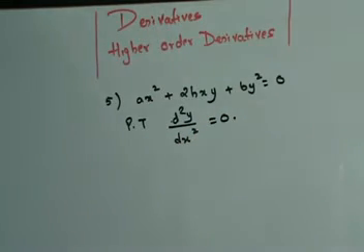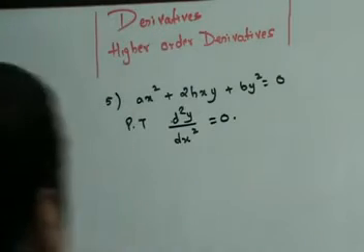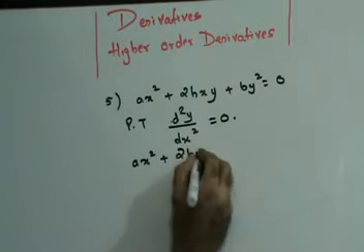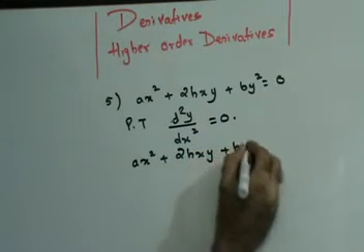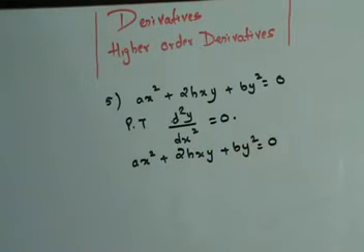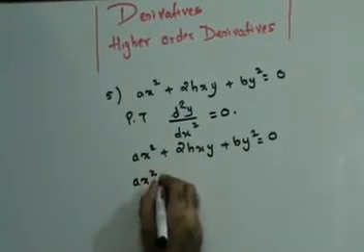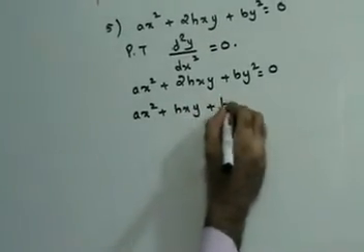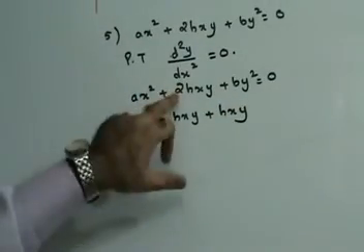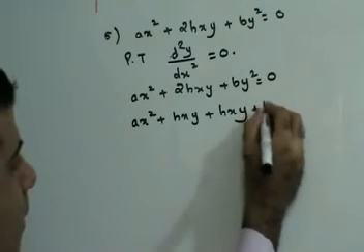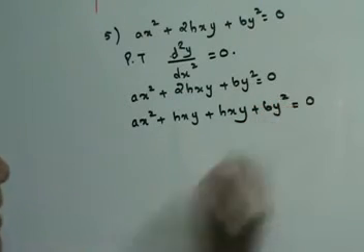Now let's see this very interesting sum. ax square plus 2hxy plus by square is 0. Now here I can split this up as ax square plus hxy plus hxy, 2hxy, I am splitting it as hxy plus hxy, plus by square is 0.